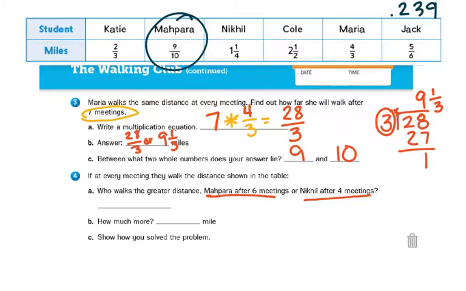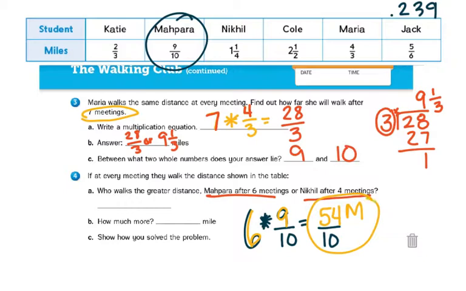So here, I'm just going to show my work. 6 times 9/10. Remember, we multiply the whole number times the numerator and write that all over 10. So 6 times 9 is 54/10. I'm going to write M for Mafara for this answer.